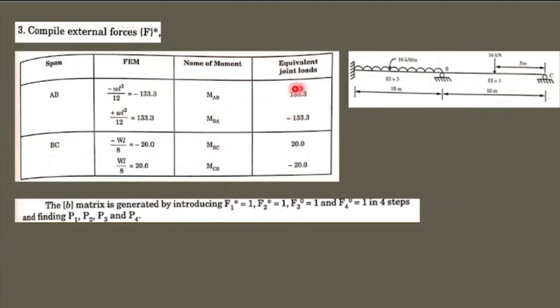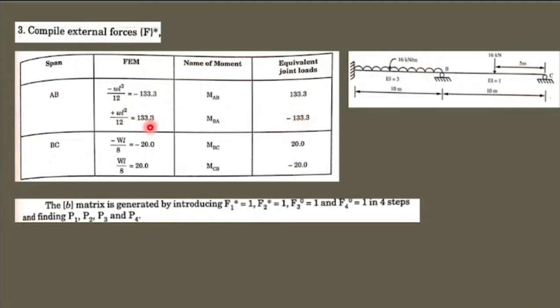And you have to find equivalent joint load. That is balancing. What is equivalent joint load? Balancing this fixed end moment. How to balance this? If you have minus 133.3, you have to make it as plus 133.3. So this will become equivalent for that. Similarly, if this is plus, you have to make it as minus.